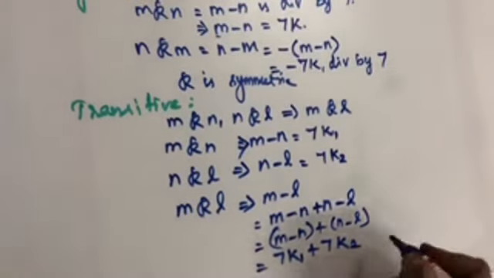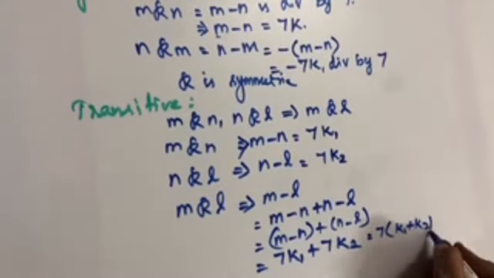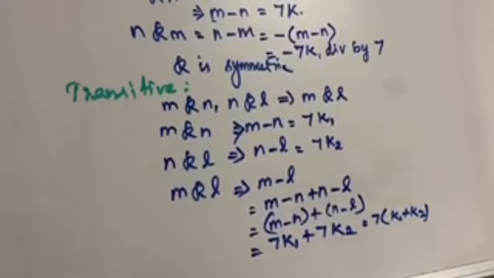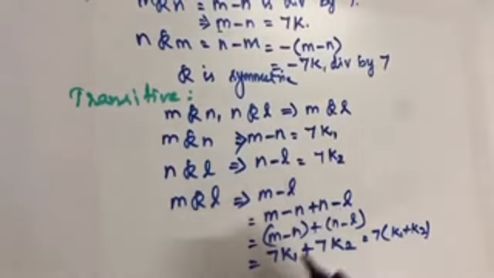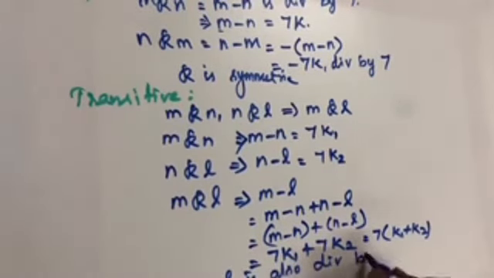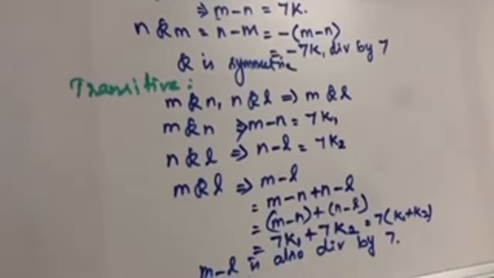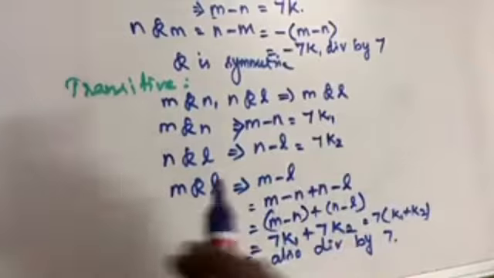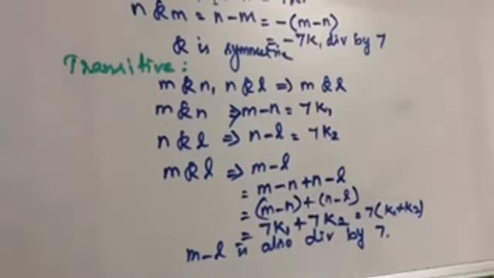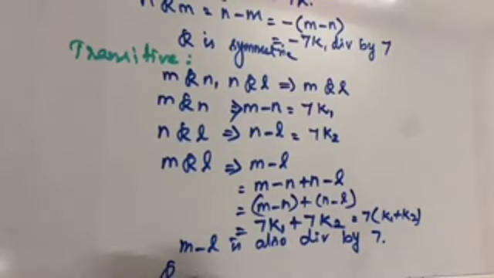That is equal to 7 into k1 plus k2, some constant. Okay, so m minus L is also divisible by 7, some multiple of k. Okay, so here now it is reflexive, symmetric and transitive. So I can tell that it is an equivalence relation.